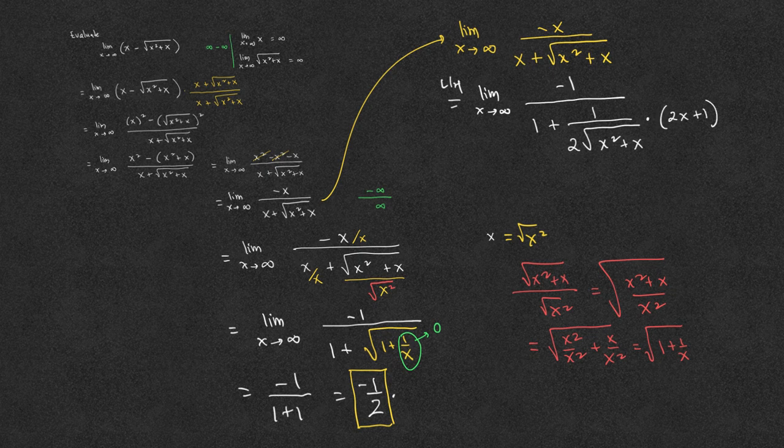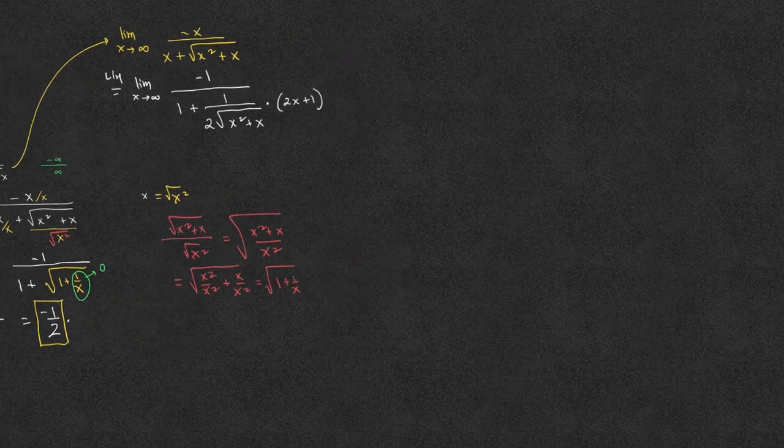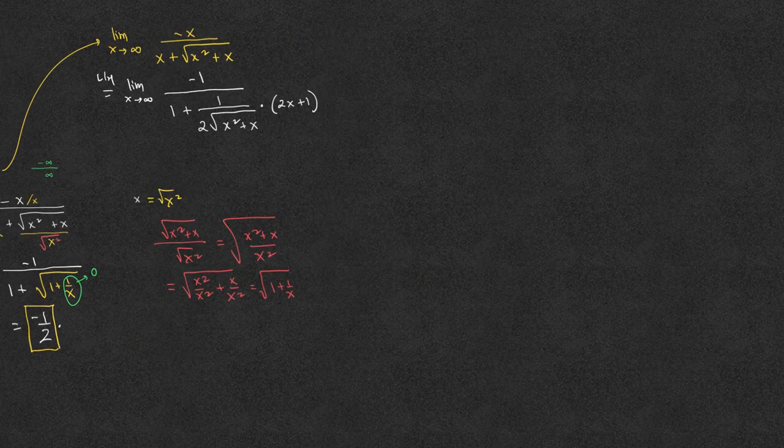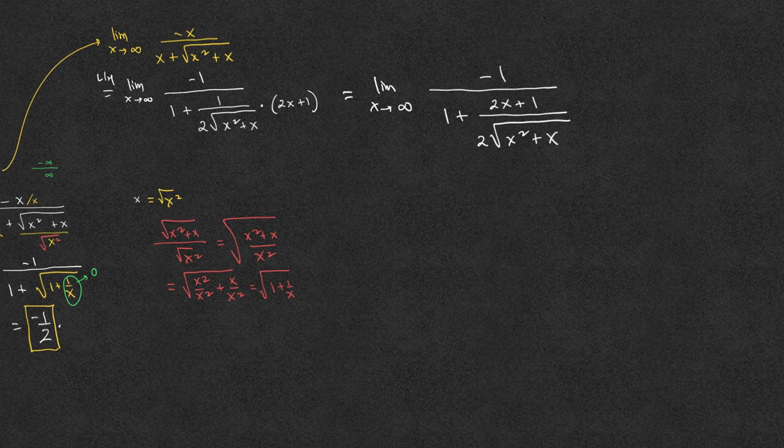And then we simplify this limit. Treat this as a new limit: the limit as x goes to infinity of negative 1 over 1 plus 2x plus 1 over 2 the square root of x squared plus x. This is a complex fraction, so we would need to clean this up.